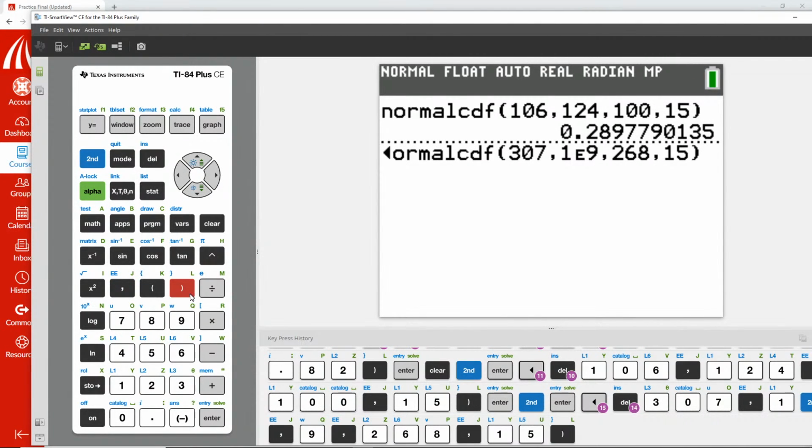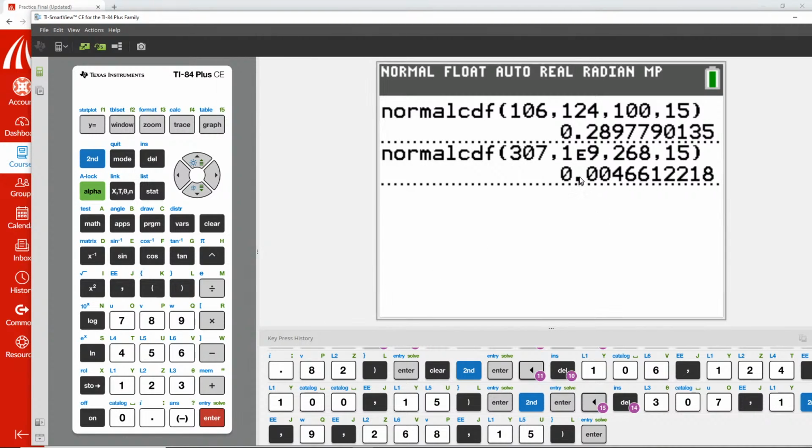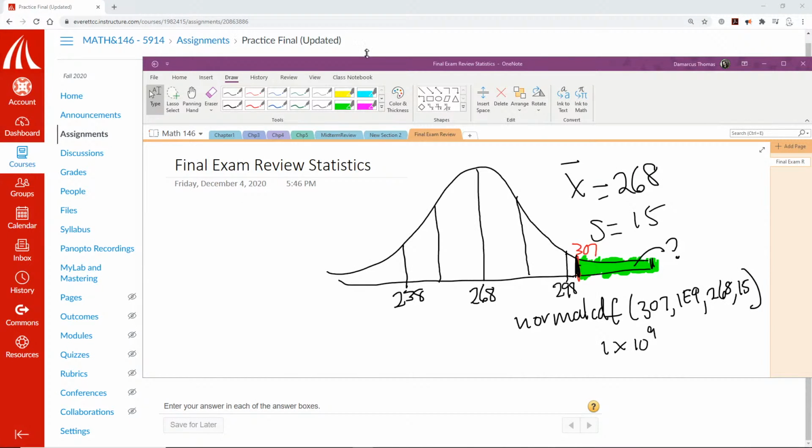All right, so there's our proportion. It's going to be 0.0046 to 4 places, but actually the number after the 6 is another 6, so we get to round it up. 0.0047 is what we got for that.